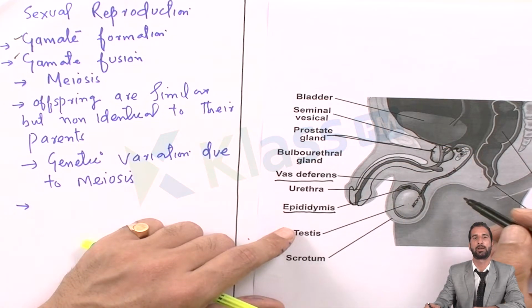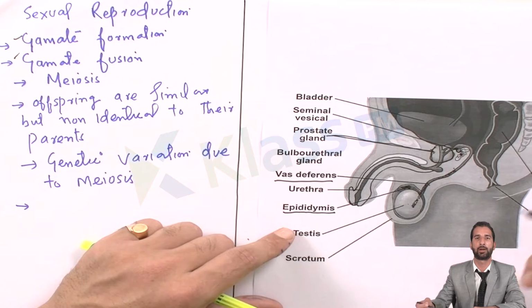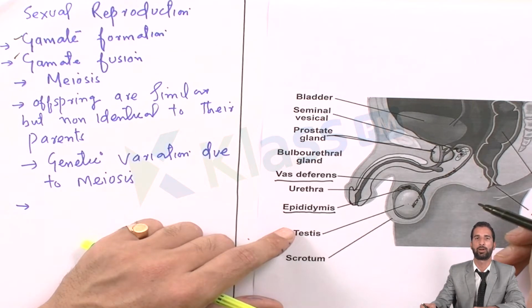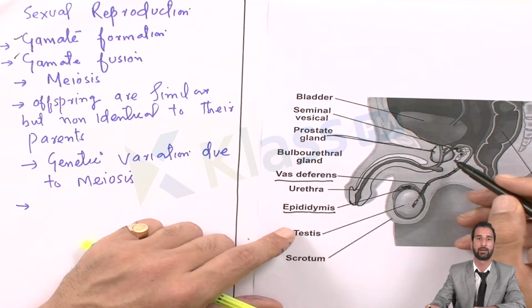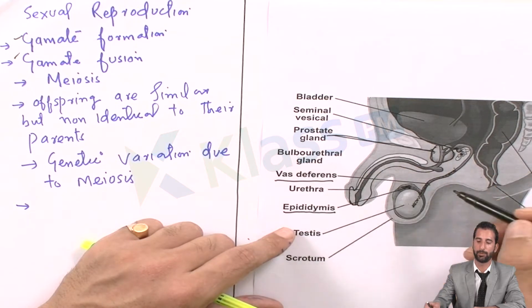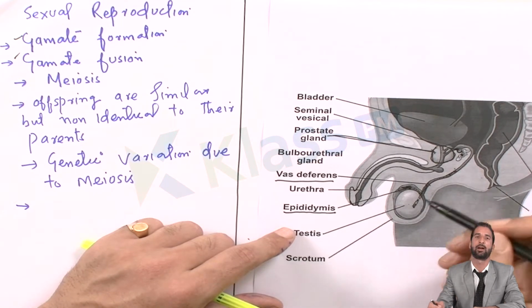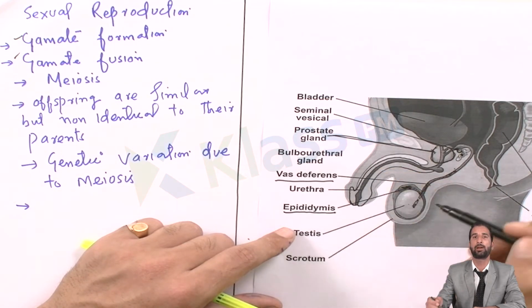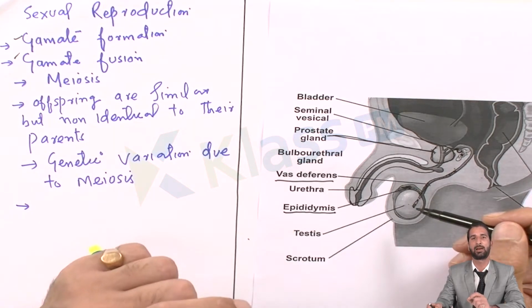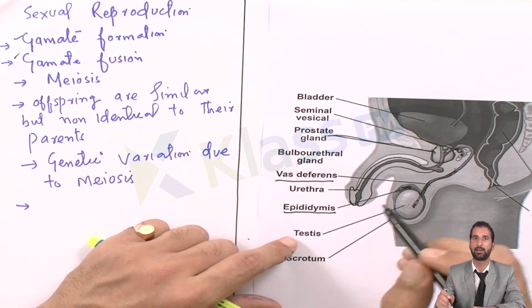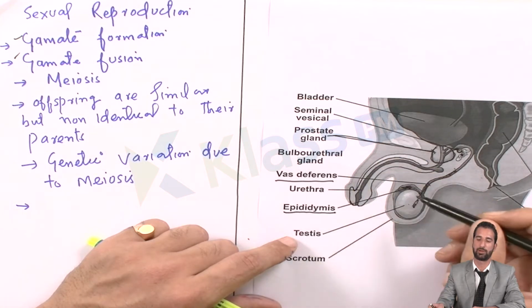The prostate gland provides a further 30 to 35% of the total fluid, and it provides actual motility and activity to the sperm. The color of semen is milky, which is due to the prostate secretion.